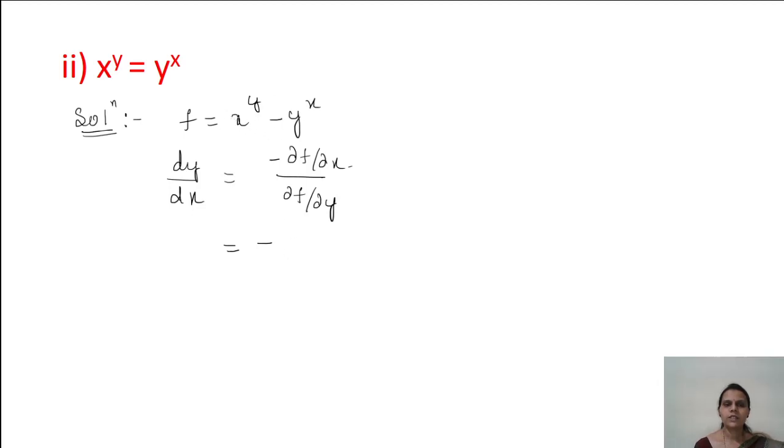Since we are differentiating with respect to x, we treat y as constant. So the differentiation of x^y is y x^(y−1), and y^x is of the form a^x, so the differentiation is y^x log y.